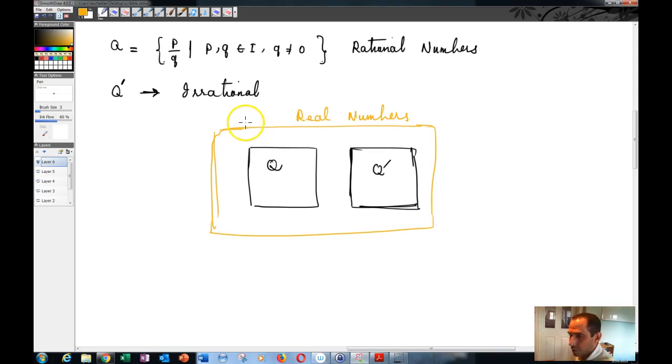Most of the time this way. So you have two lines over here and then something like this. So that's the set of real numbers.